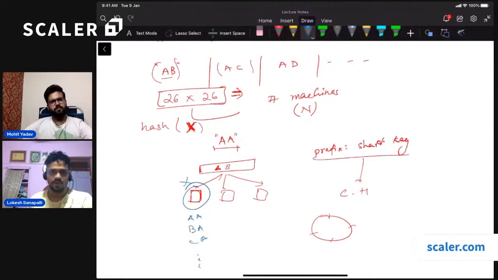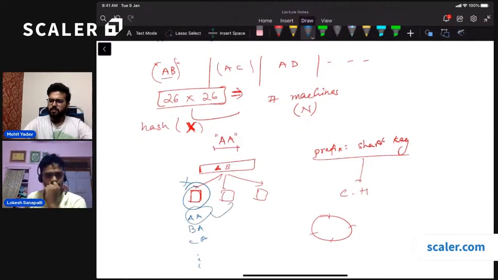So I need to copy these keys to another system. Correct. How do we do that? This is nothing but replication, right?